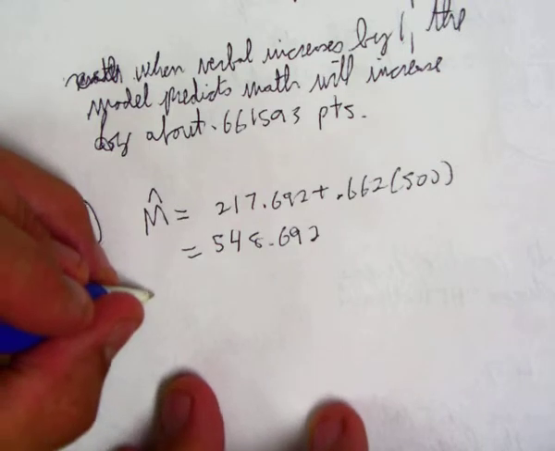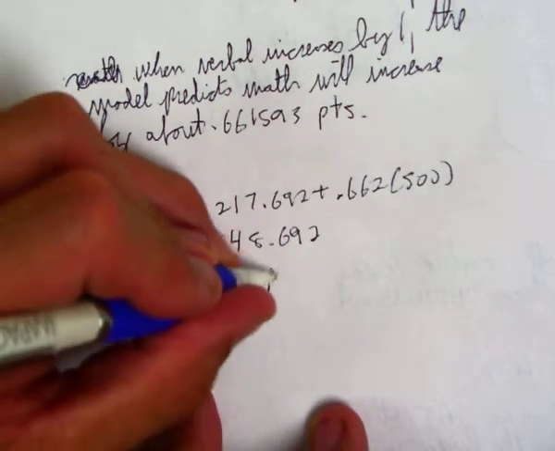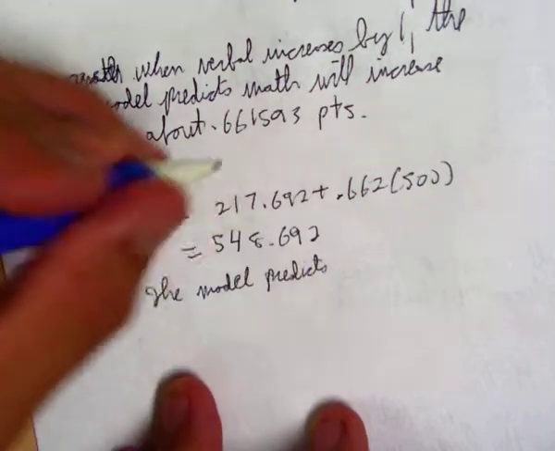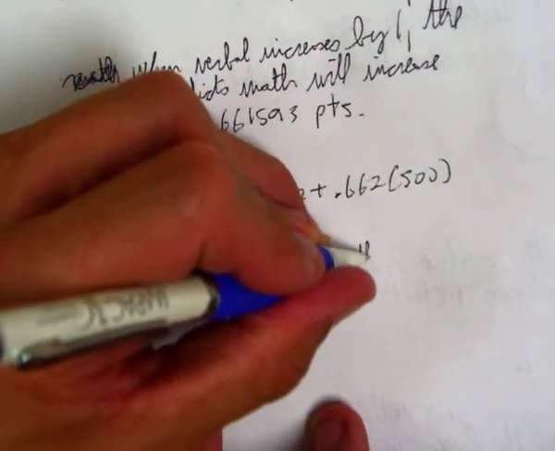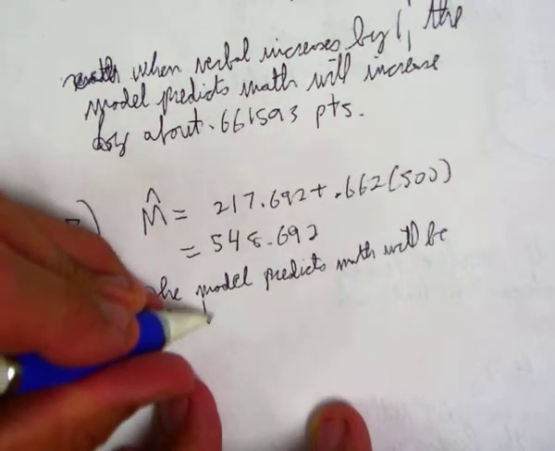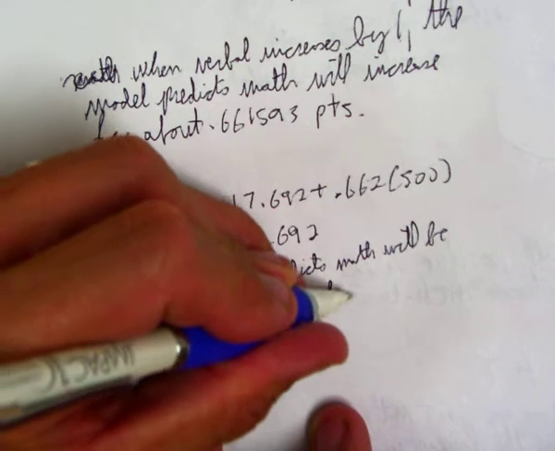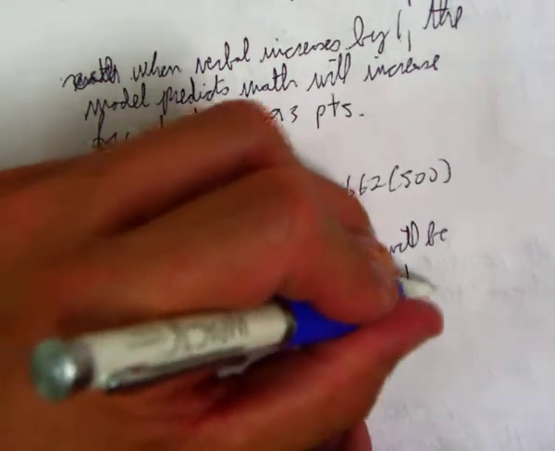So the answer is the model predicts math will be about 549 points when verbal is 500.